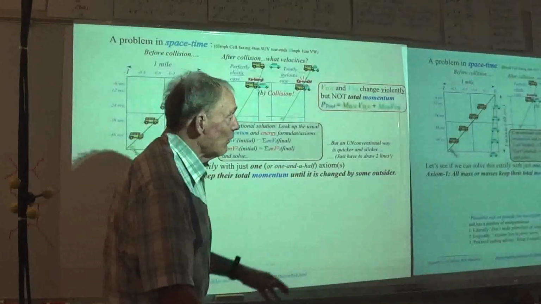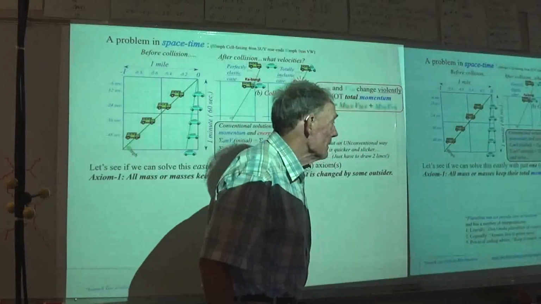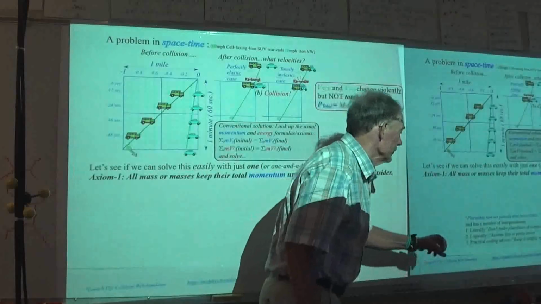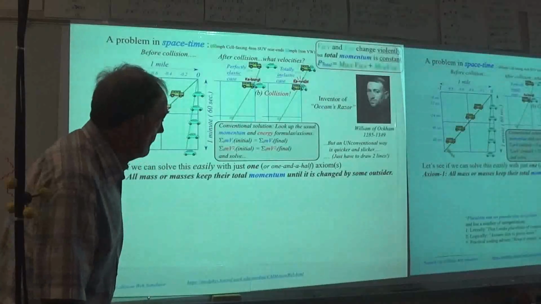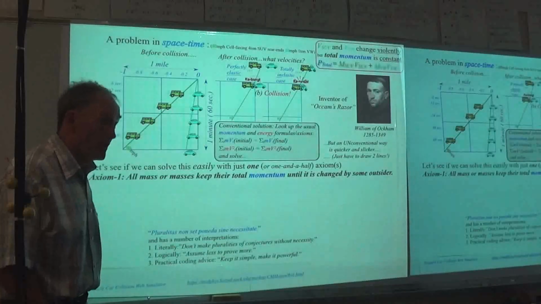So I point out Occam's razor stated three different ways. Don't make pluralities of conjectures without necessity. That's the direct translation of the Latin there. Logically, it's assume less, prove more.